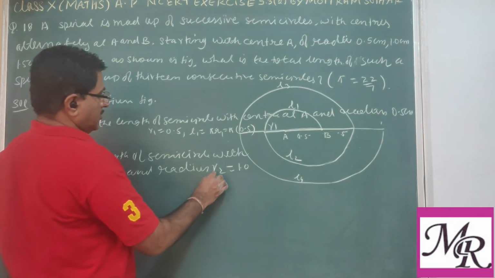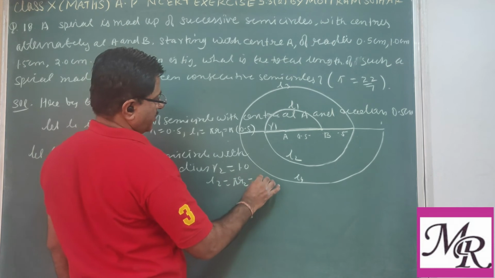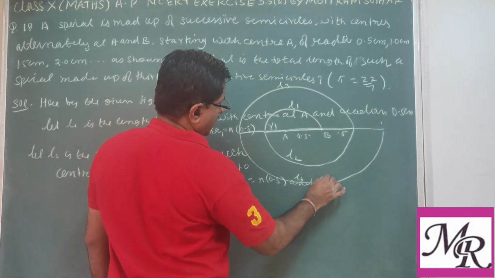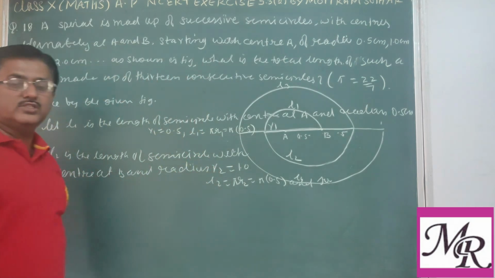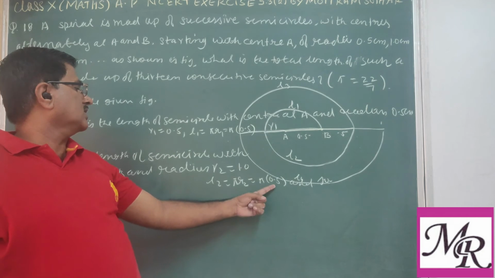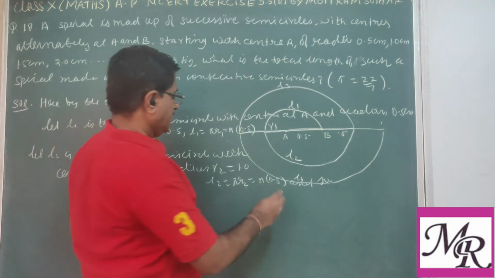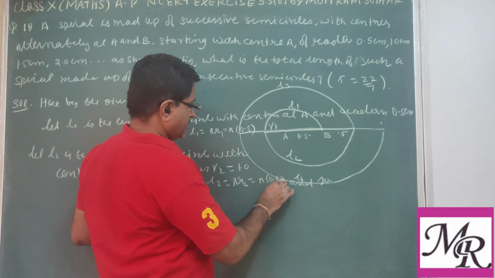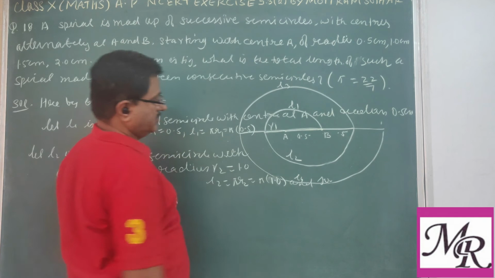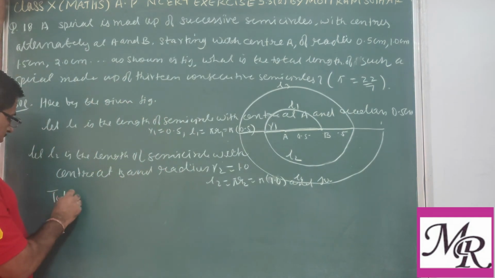So L2 will be pi R2, and so on. Like this we have, so this forms an AP. Why does this form an AP? Because each time the radius is increasing by 0.5. Clear? 0.5, then 1.0.